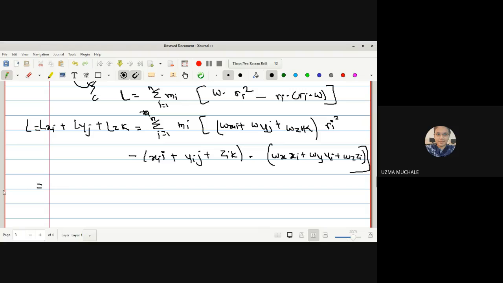This is Lx i, Ly j and Lz k equals summation over i from 1 to n, mi. I have to multiply this.